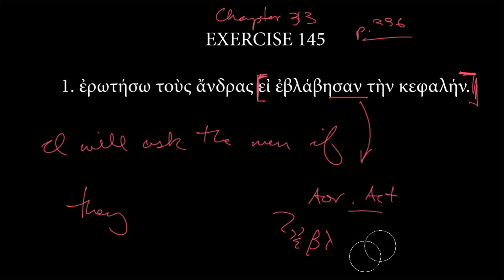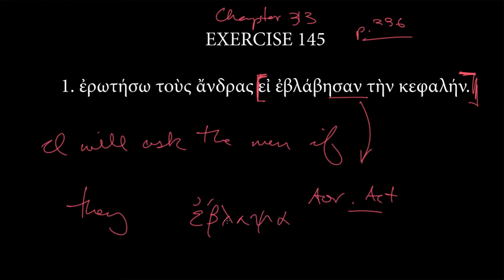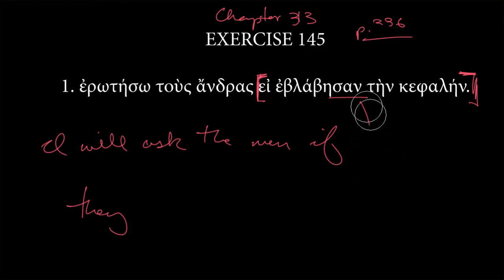But no, because that's not blab- at all, right? Because the third principal part of blaptō is ebleps-a, I harmed. So this isn't coming from the third principal part, but it is indeed aorist. This is, of course, our sixth principal part. So this is going to be aorist passive, if they were harmed.